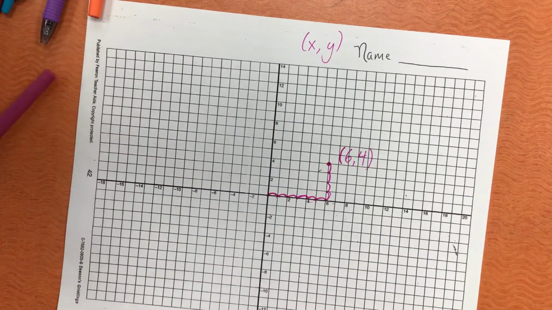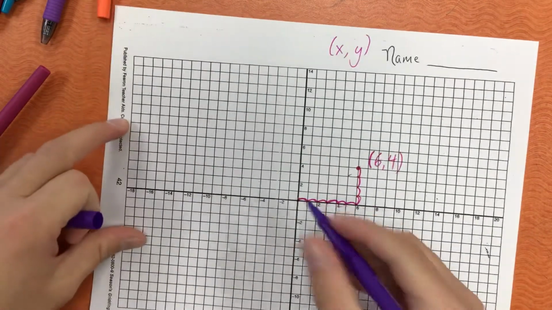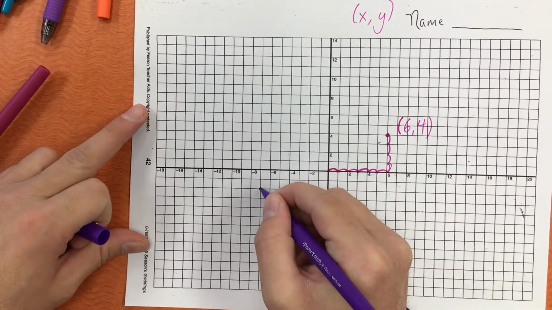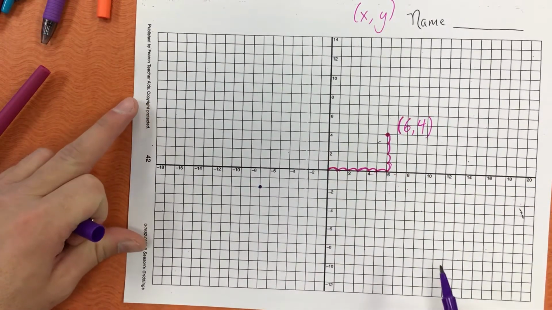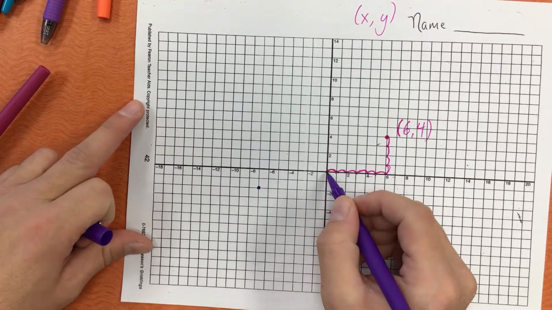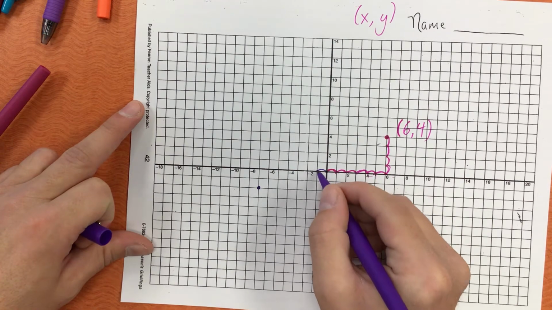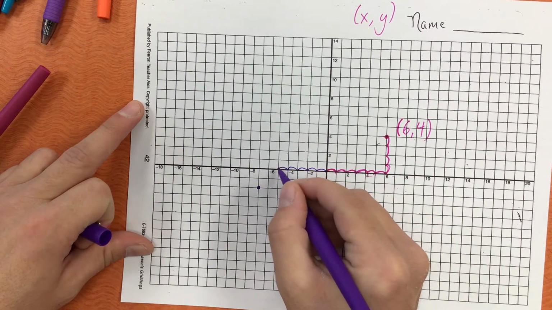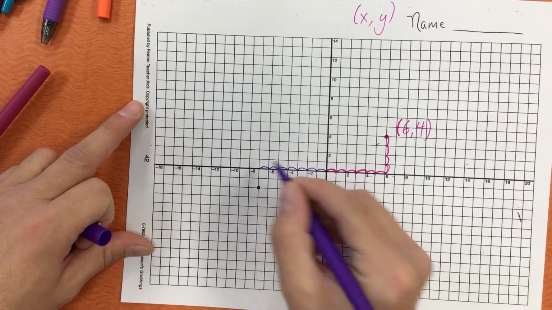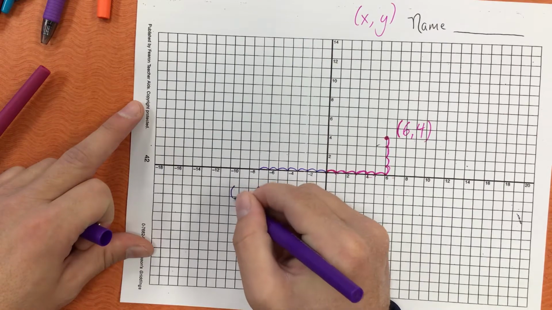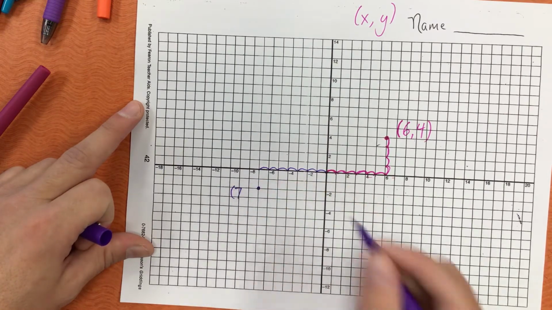Okay? So I'm going to show you another one here. Let's go to quadrant 3 over here. Let's go to this one right here. So if you're going this way, we're doing X first again. So you're going to go 1, 2, 3, 4, 5, 6, 7. Okay. So let me get my ordered pair here.